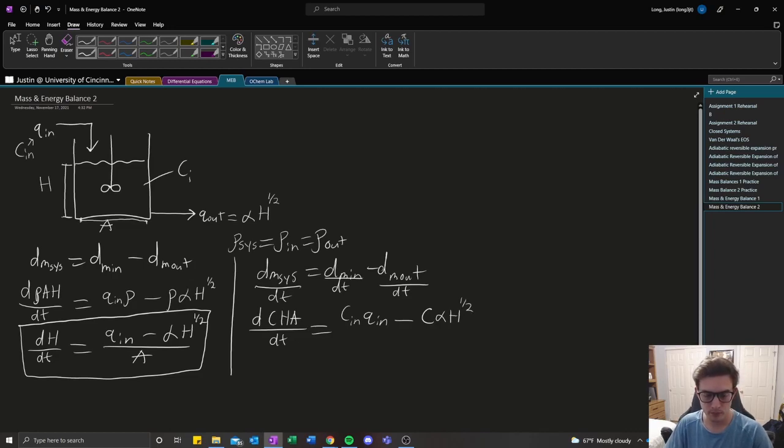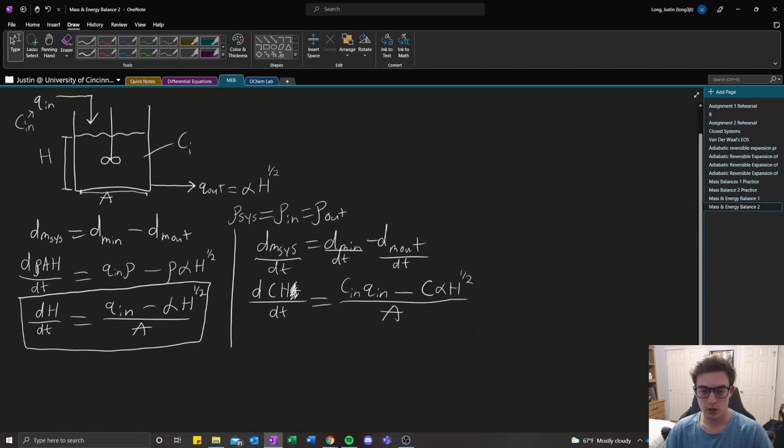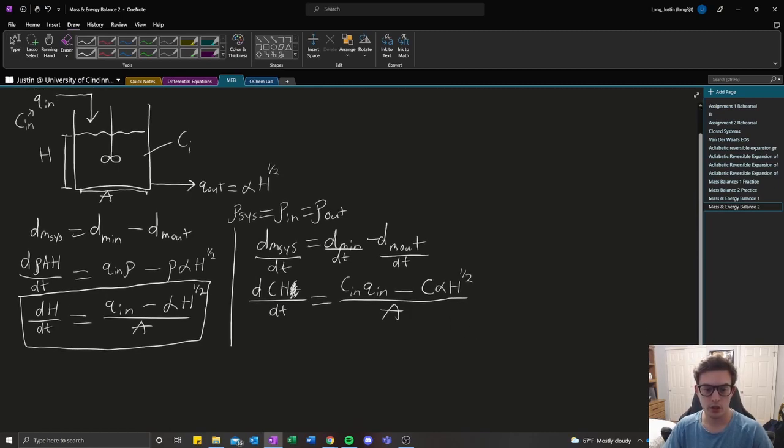All right, and so we know that this cross-sectional area is constant, so we're going to be able to pull that out and then divide. I'm just going to do that here in this step to save a little bit of time. So now we need to apply the chain rule because we want the change in concentration with respect to time.